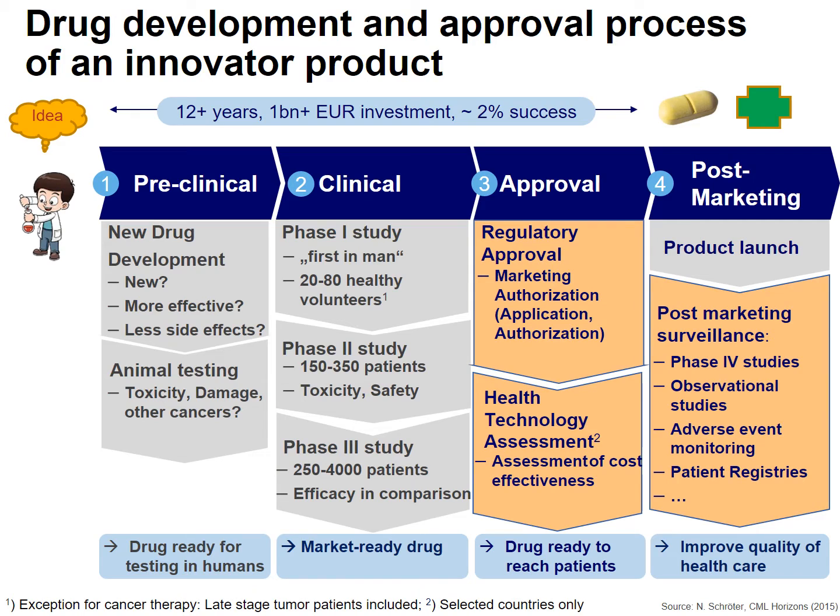Then the drug is ready to reach patients. And then in a post-marketing period, after the product launch, there is additional surveillance like phase 4 studies, observational studies, long-term adverse event monitoring and registries and so on, to improve the quality of healthcare and improve how the drugs are being used in practice.